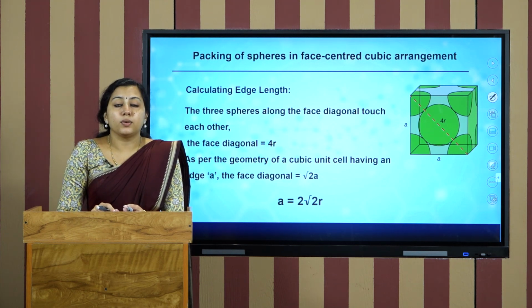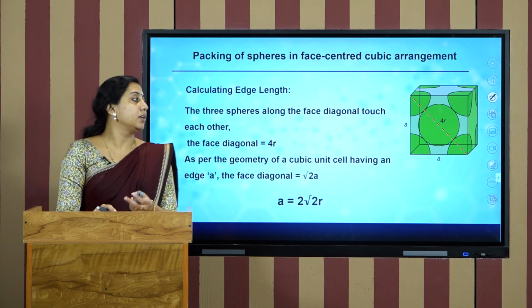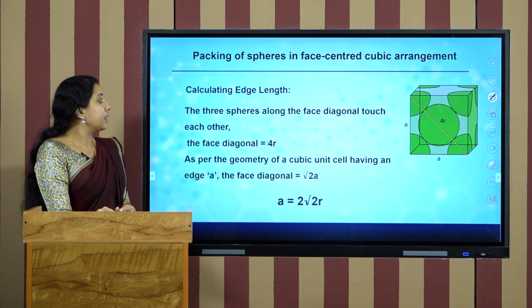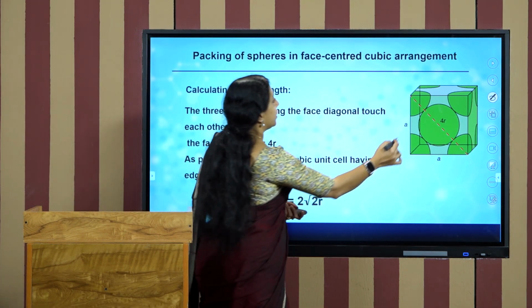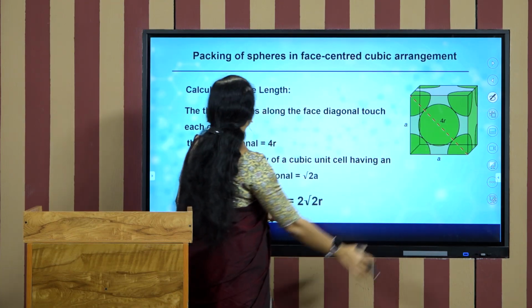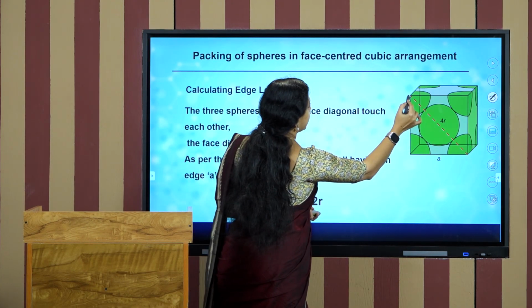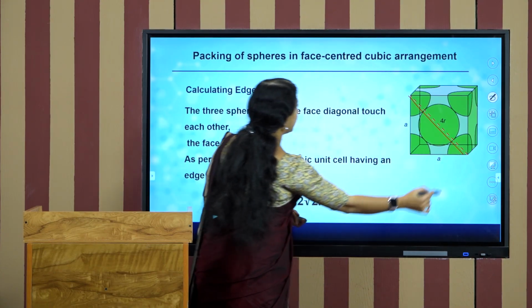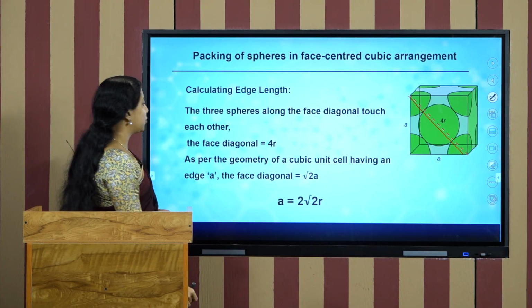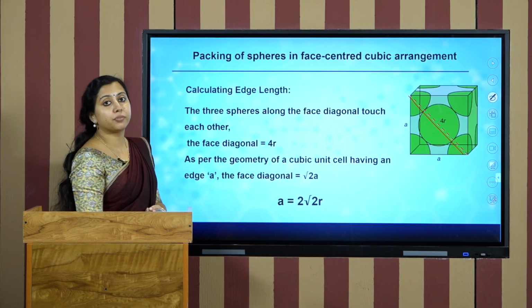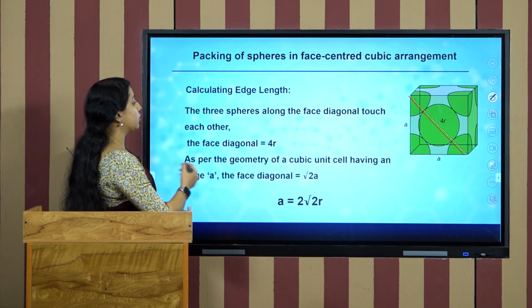Now, let us calculate the edge length in a face centered cubic arrangement. And here also, when we consider the face centered lattice, you can see that the 3 spheres along the face diagonal touch each other. So, since 3 spheres touch along the face diagonal, what will be the length of the face diagonal?